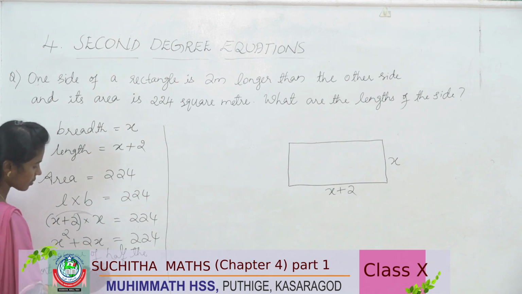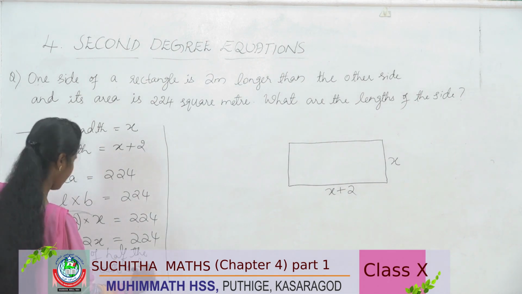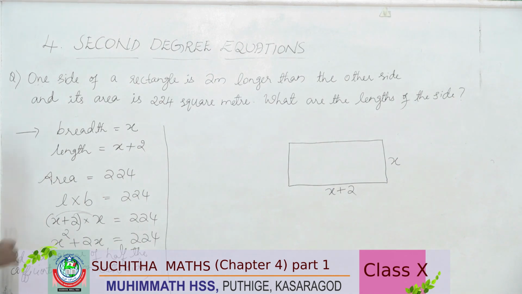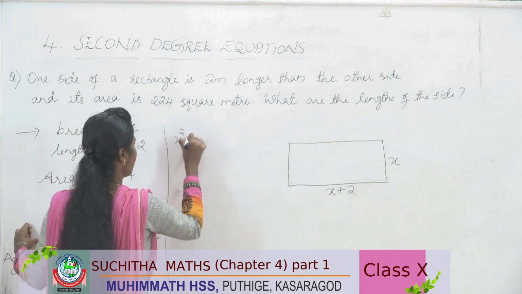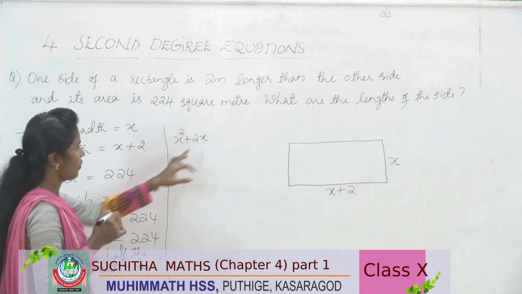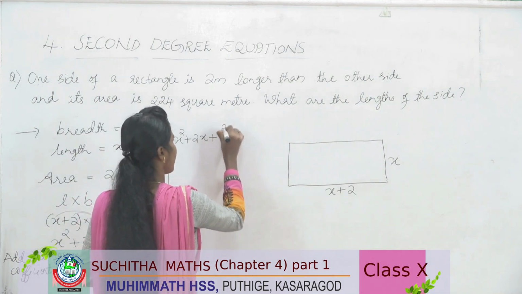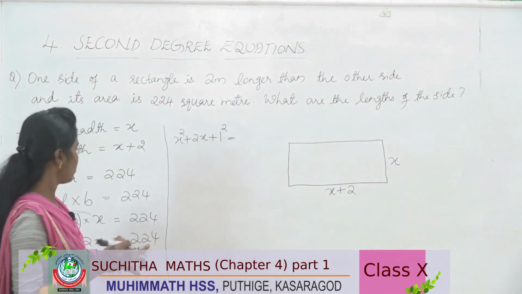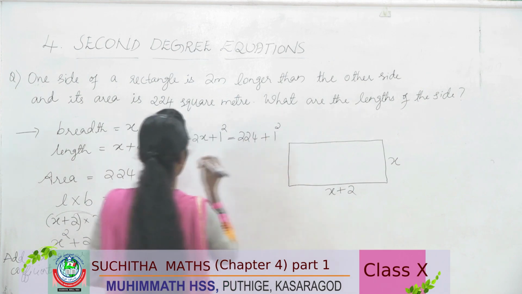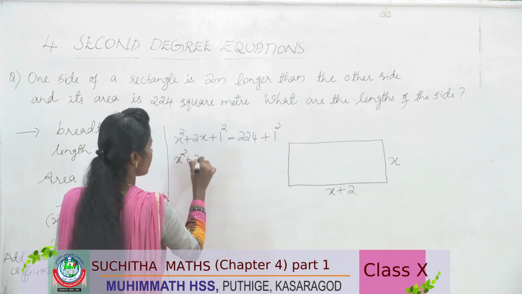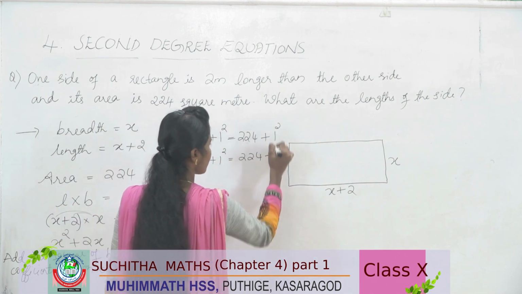That is x square plus 2x. Coefficient of x is 2 and half of 2 is 1 and its square is 1 square equal to 224 plus 1 square. That is x square plus 2x plus 1 square equal to 224 plus 1 square, which is 1.